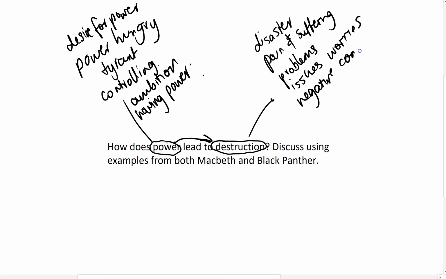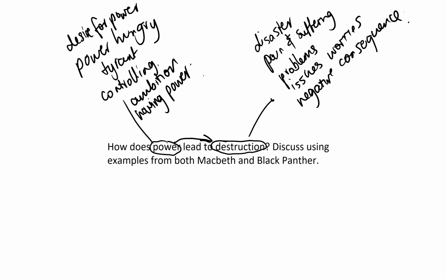Okay, so we do this. Now, the benefit of also doing this is we've now got a whole bunch of synonyms that as we write our essay, we can keep coming back to. So you don't always have to use power destruction, power destruction, power destruction throughout the whole essay, but you can use some of these other words to help expand the vocabulary in your writing.